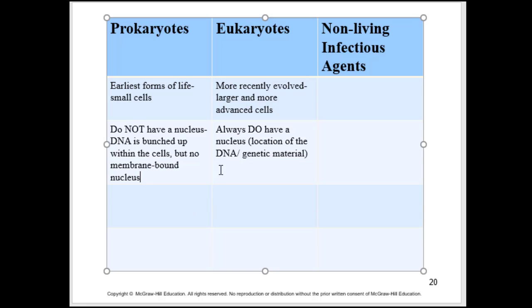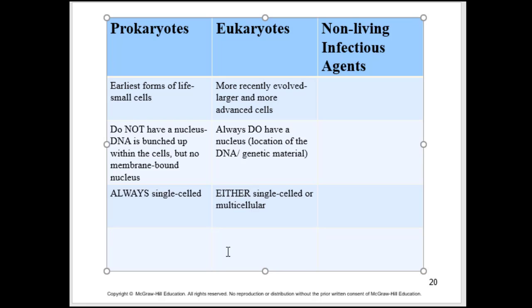So the DNA is bunched up within the cell, but there's no membrane bound nucleus protecting it. That's the major difference. Another major difference: prokaryotes are always single celled, which means there's just one cell. That's it. Whereas eukaryotes can be either single celled or multicellular, and I'll give you some examples of both.